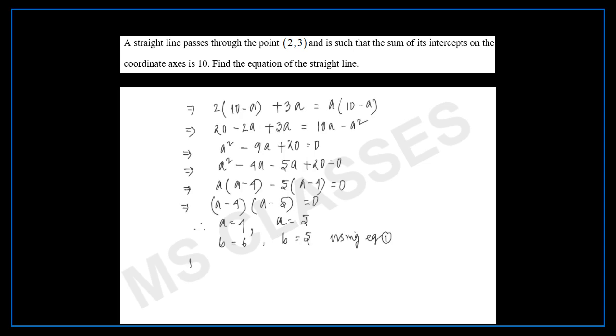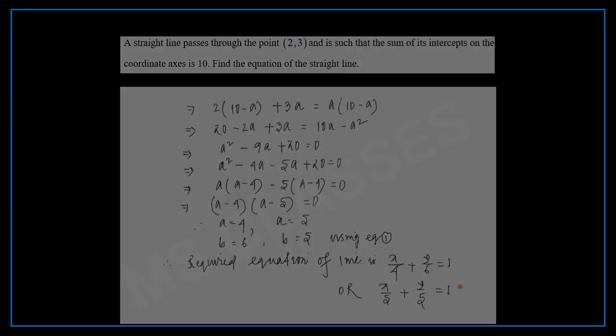Therefore, the required equation of the line is x by 4 plus y by 6 equal to 1, or x by 5 plus y by 5 equal to 1. So these are the two required lines which satisfy the given conditions.